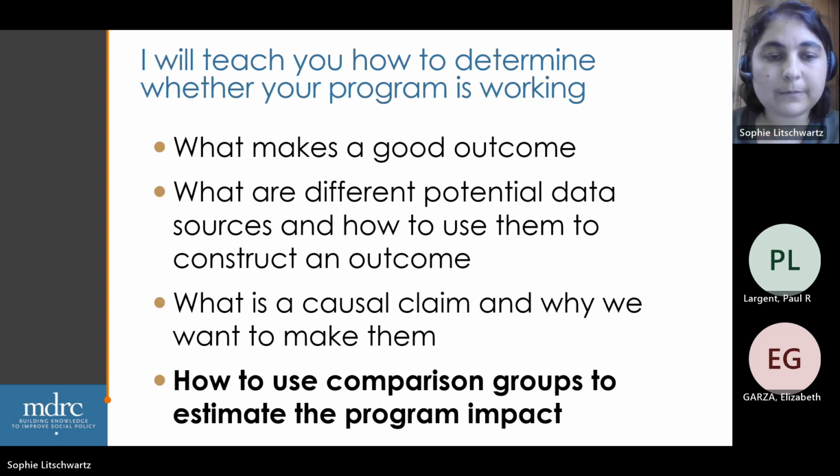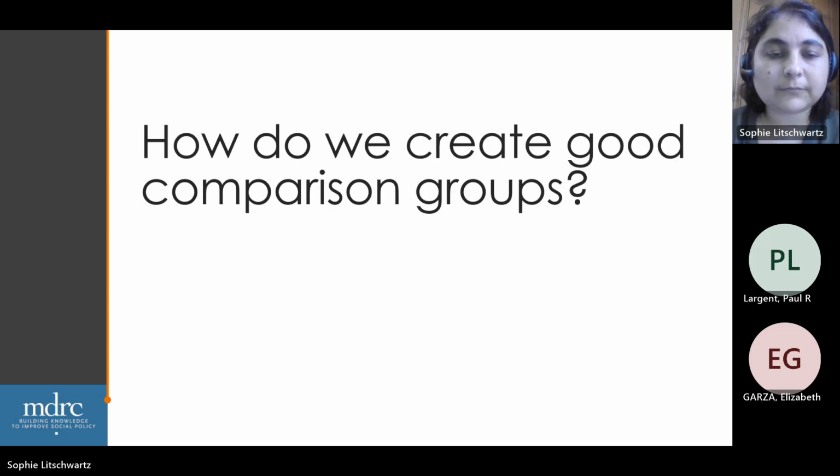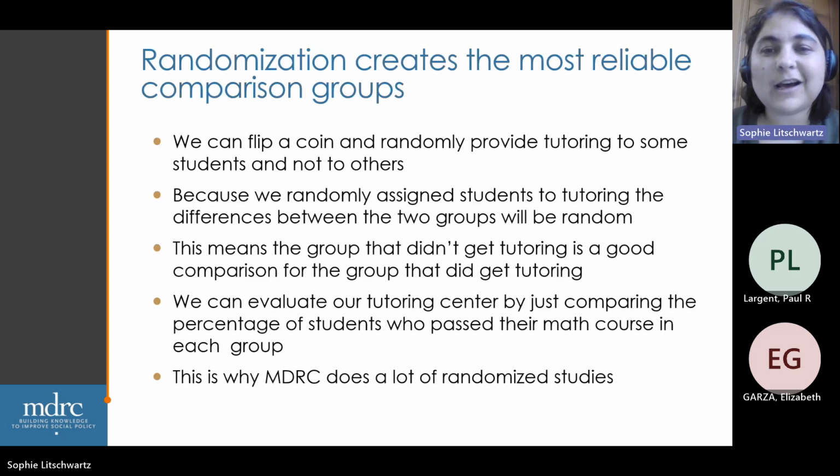So I'm going to do our last bit, which is how to use comparison groups to estimate program impacts. I'm going to spend a few slides doing a pitch for randomization, which is really going to create the most reliable comparison groups. We can flip a coin and randomly provide tutoring to some students and not to others.